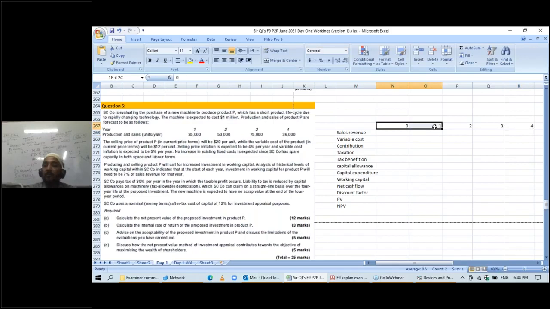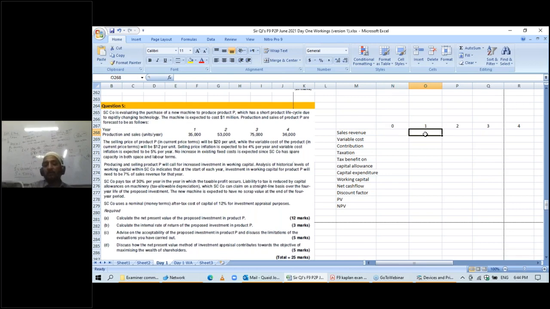Now, the presentation. One of the students was asking for the presentation for section C. Section C presentation is very important. You must show your workings. And one more thing: in order to see your workings, the examiner is bound to check all of your cells.